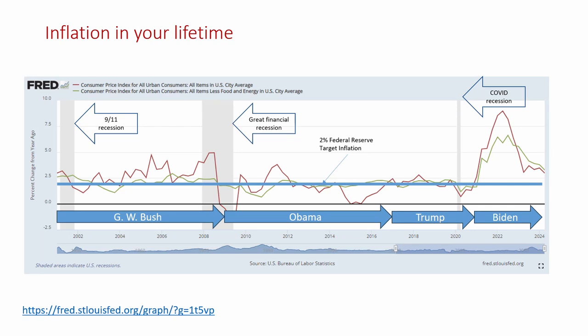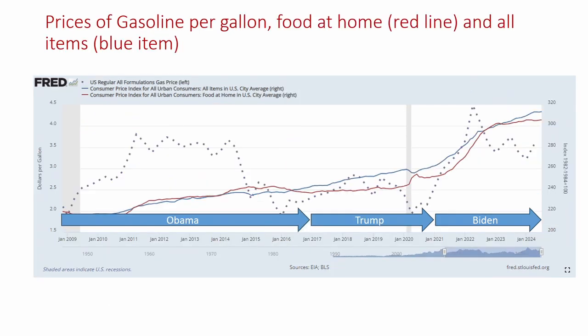But look, that's just rate of inflation, and the rate of inflation has come down. The prices have not. If you look at the blue line, this is all items, and the red line is, I chose, food in your home. How much does it cost to go to the grocery store, buy food, take it home, and prepare it, right? That's the red line.